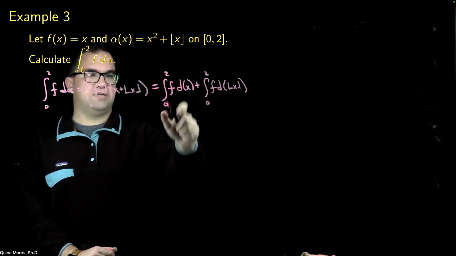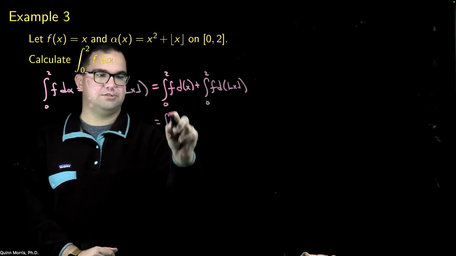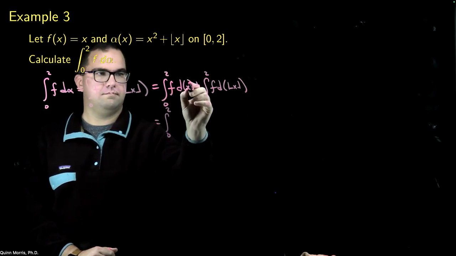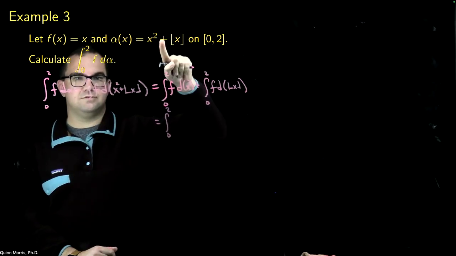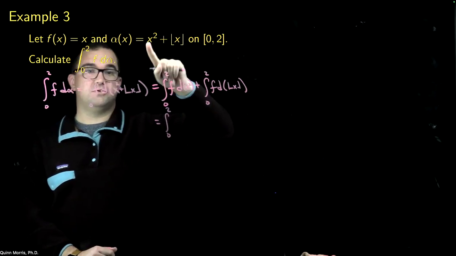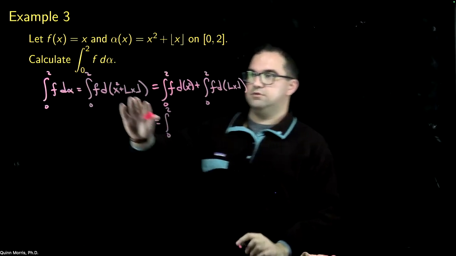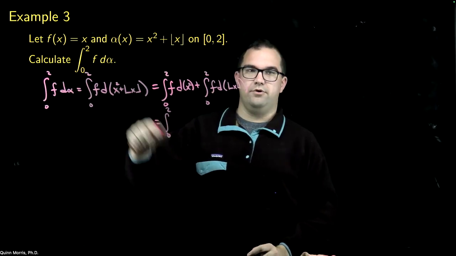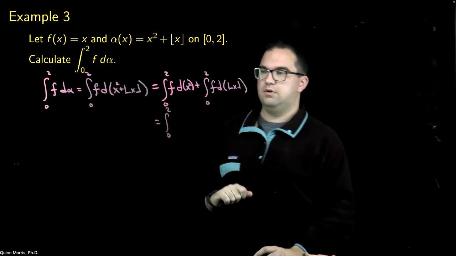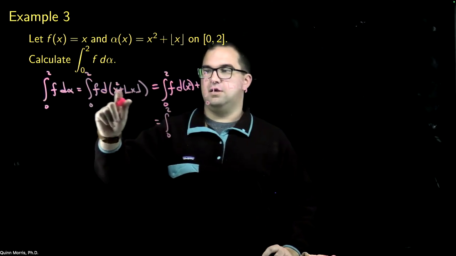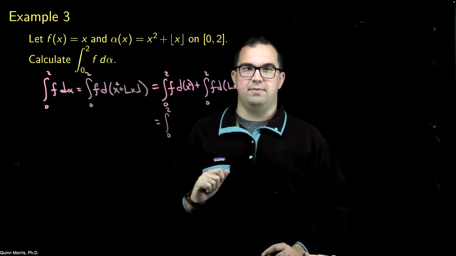Now notice this first integral here, this is just, oh, sorry, x squared. So notice that, again, x squared is monotone increasing on 0, 2. So sorry, I missed that. It's x squared, but it is still monotone increasing on 0, 2. So these Riemann-Stieltjes integrals all make sense.